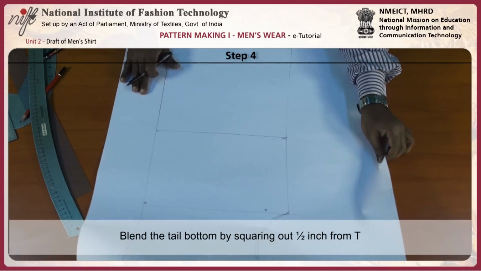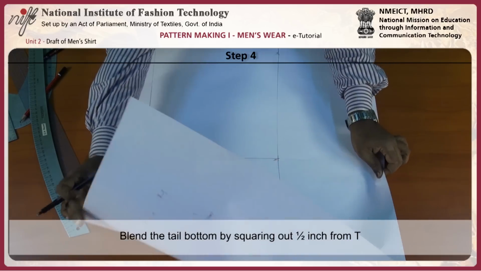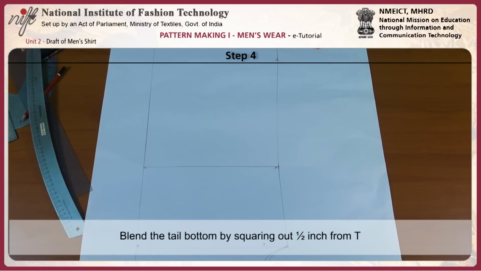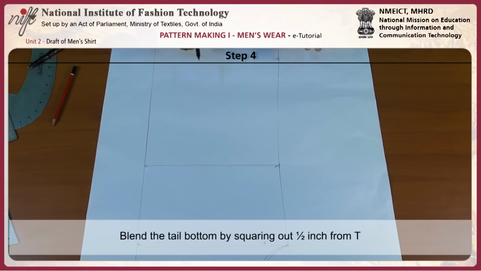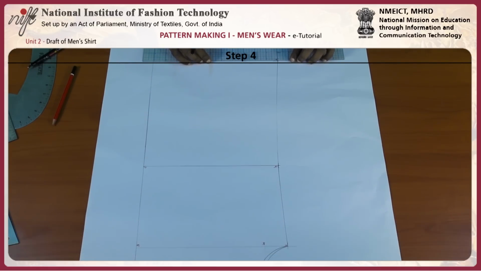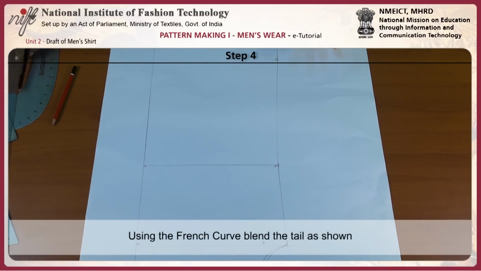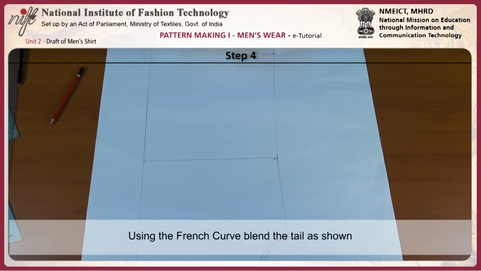Now you can blend the hemline or tail bottom, which should be done a little carefully. Square out for half an inch from T, then use the French curve to blend the tail. It can be a desirable shape or else you can follow the method which I am showing.